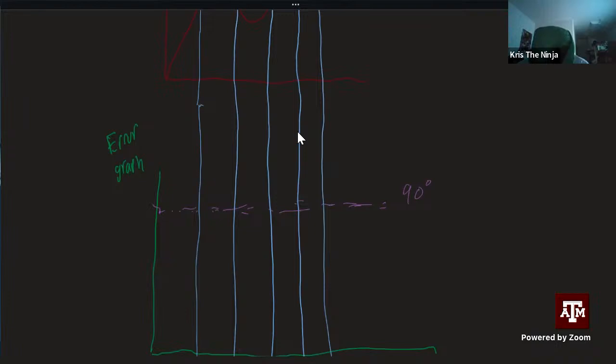Error is going to start out here, going to shoot down, cross, come back, cross, come back, cross, come back, and then probably balance out right about there.